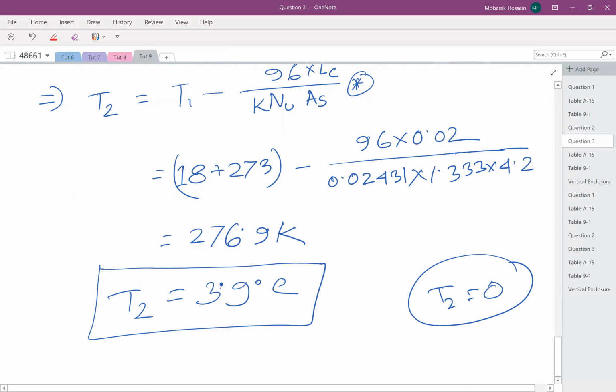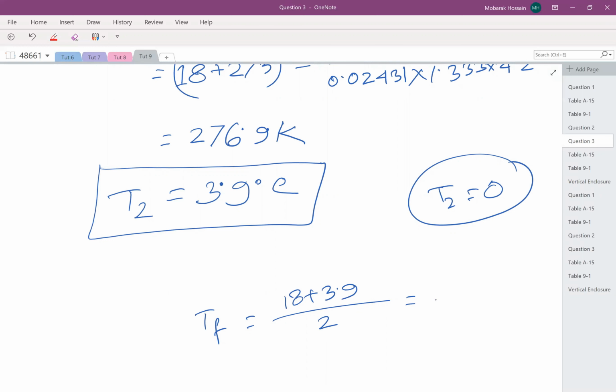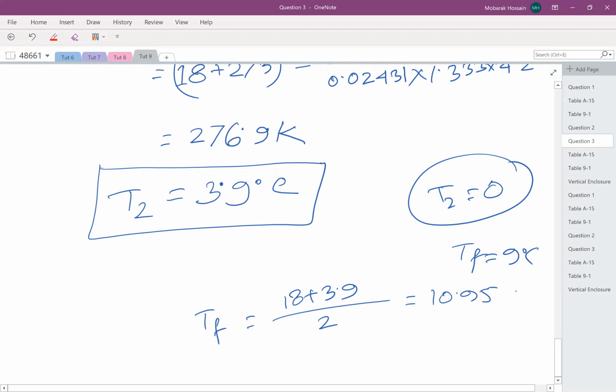Say for this temperature, if we calculate the film temperature, the new film temperature is 18 plus 3.9 over 2. So 18 plus 3.9 divided by 2 is 10.95. The previous film temperature was 9 degrees.